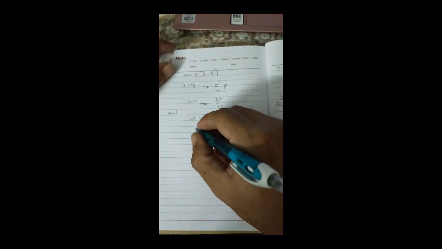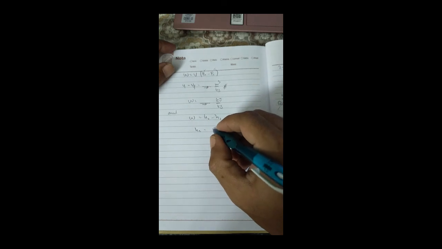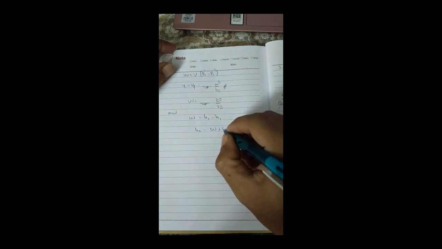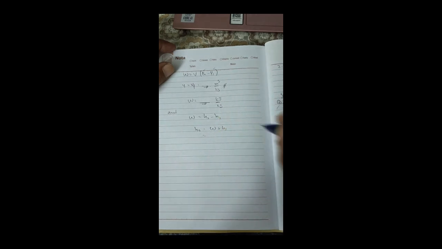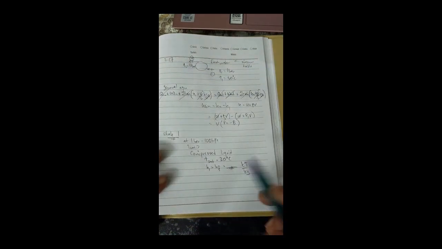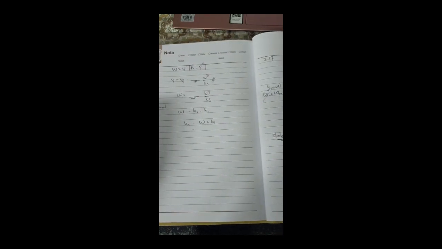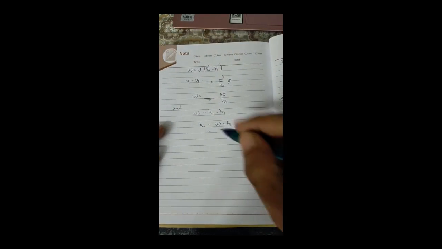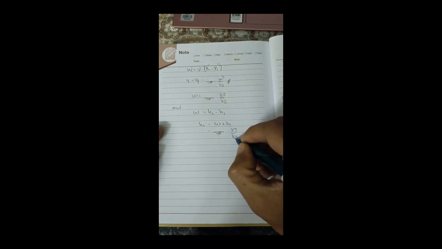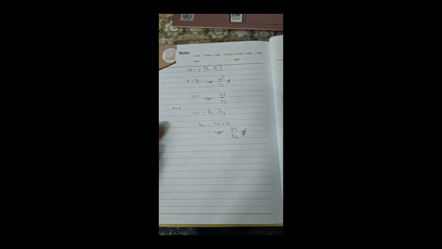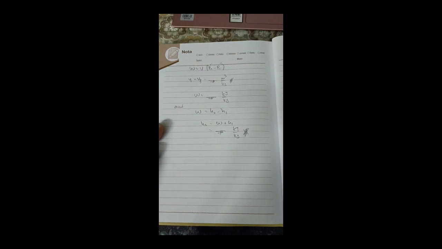So we arrange H2 as work plus H1, where work is from the previous step and H1 is from the table. So H2 is in kilojoule per kg. Okay, thank you.